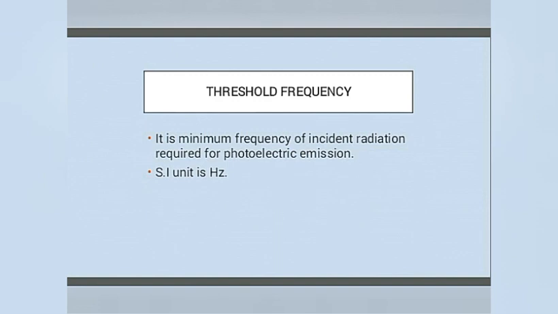So what do you mean by threshold frequency? This threshold frequency is denoted by nu naught, and it is defined as the minimum frequency of incident radiation required for photoelectric emission.